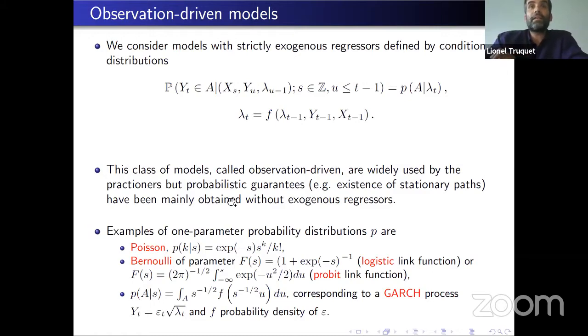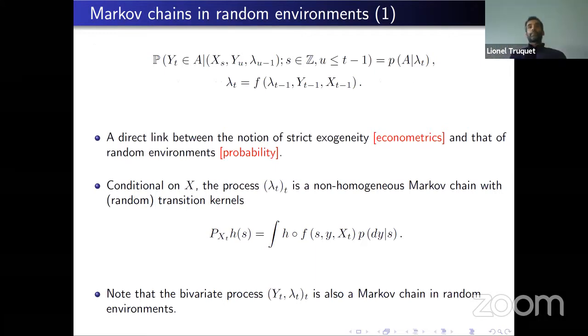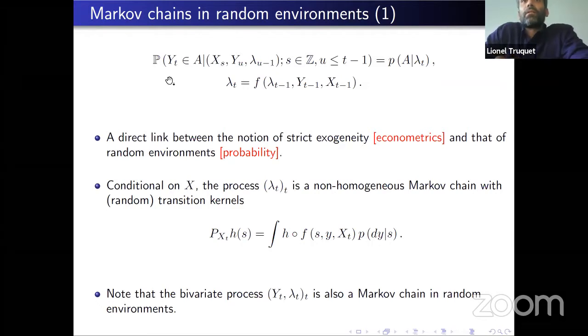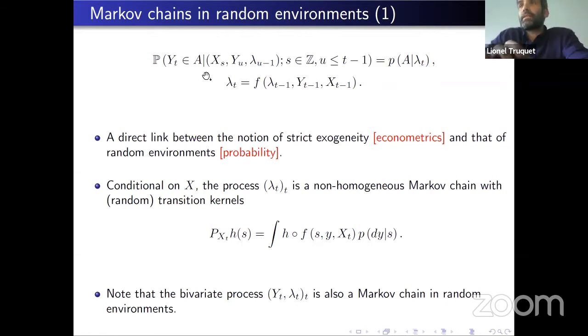Right. So for this class of models, since I specify the dynamic conditional on the whole path of the process, and I specify it by assuming that the future value of the covariate will not depend on the state of the process, there is a link between what is called strict exogeneity and what is called in probability random environment, since I specify the model directly conditional on the whole path.